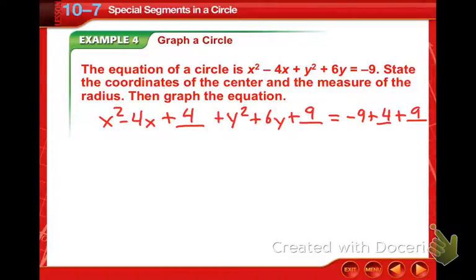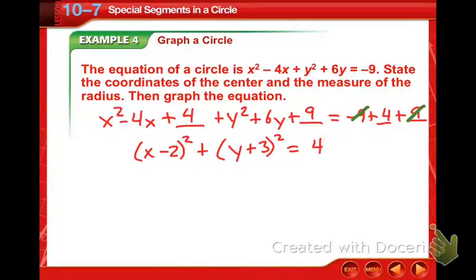The negative 9 that we have and the 9 are going to cancel, so we're just left with 4. So now we're going to have (x - 2)² + (y + 3)² = 4. And that's it.